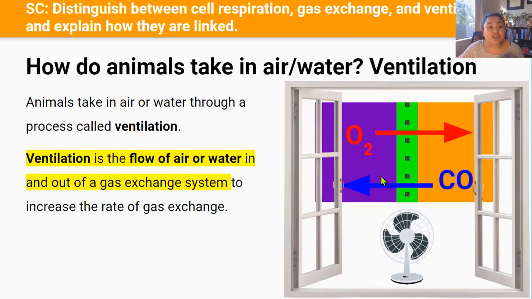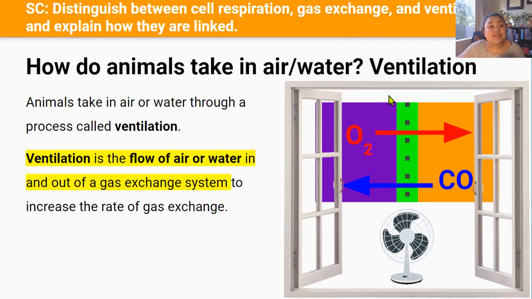Before gas exchange and diffusion can happen, something must happen first. Air and water first need to get to this specialized respiratory surface. Animals must first take in this water or this air. And the way animals take in this water or this air is through a process called ventilation.